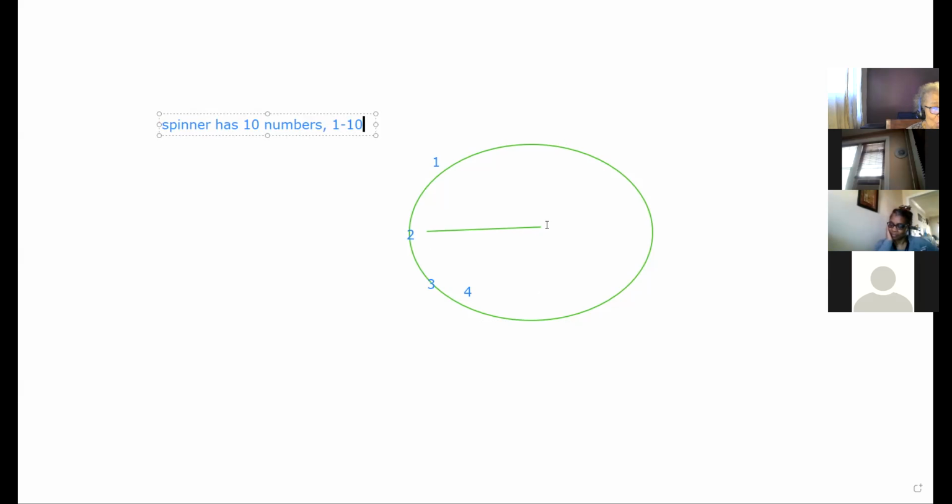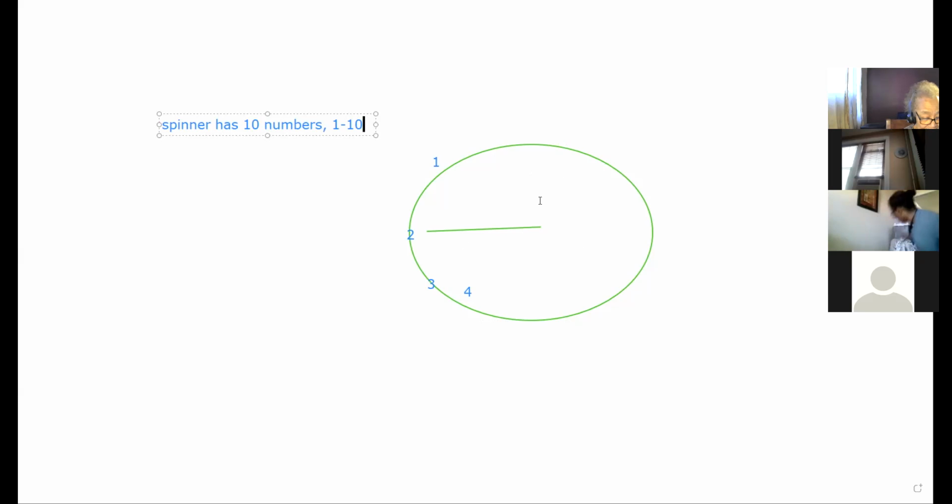It's only 1, 2, but remember, this is a random event here, right? So I could spin again and get a 2, or I could get a 10, or I could get an 8. Yes, you can get all the numbers. In other words, it's not the fact that I got a 2 that I can't get another 2. Okay. Yes, that's true.